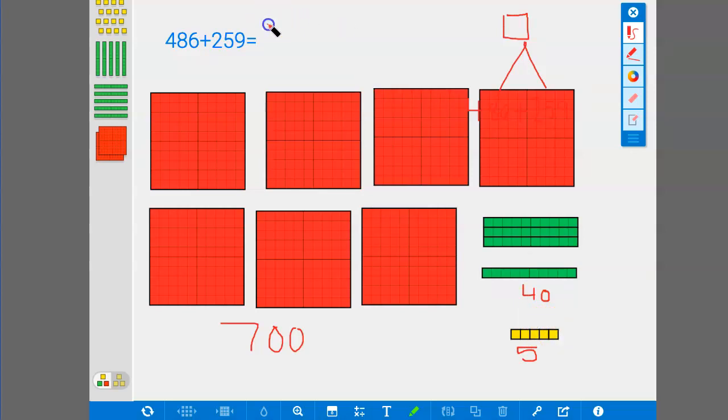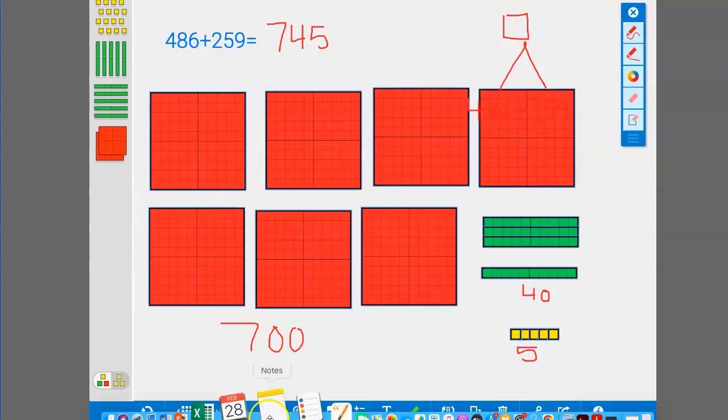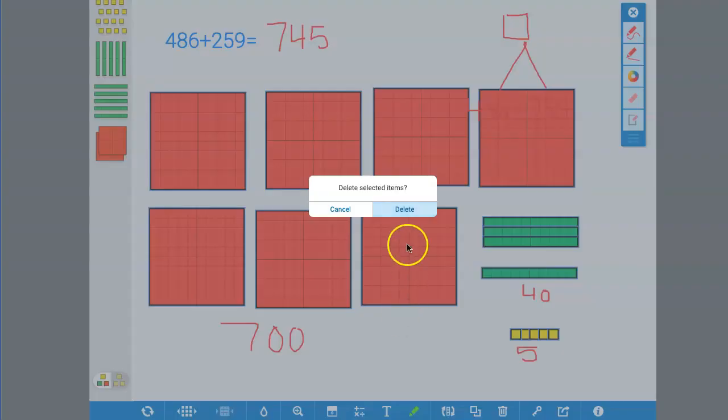So we're saying our answer is 745. Let's take away the base 10 blocks and just try using the new groups above method, the old-fashioned way to add.